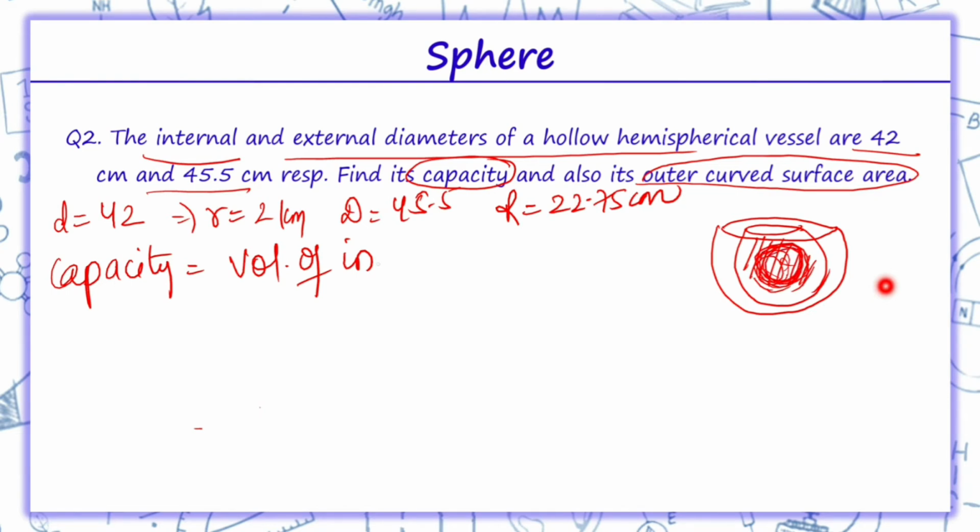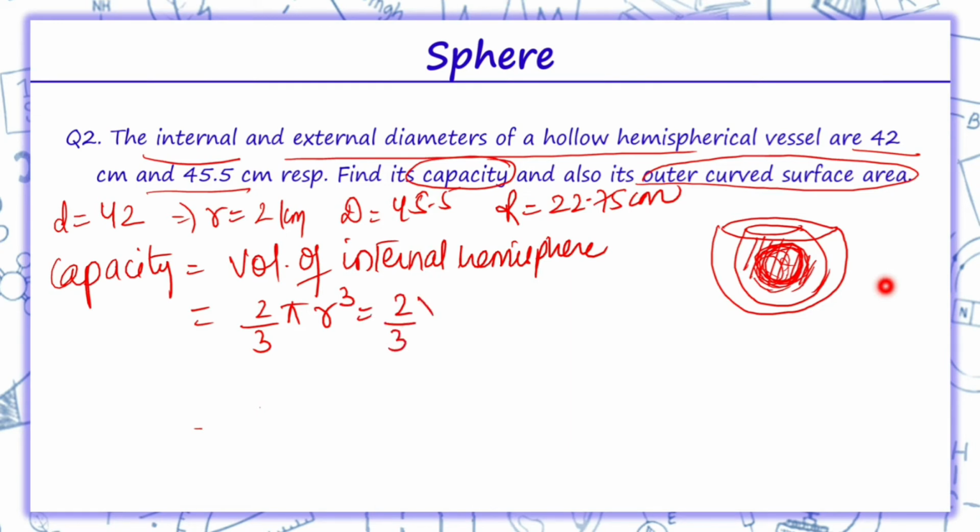So this volume is equals to volume of internal hemisphere. Its formula is 2 by 3 pi r cube, small r. So 2 by 3 into 22 by 7, r is 21 into 21 into 21. Thus, answer comes out to be 19,404 centimeter cube.